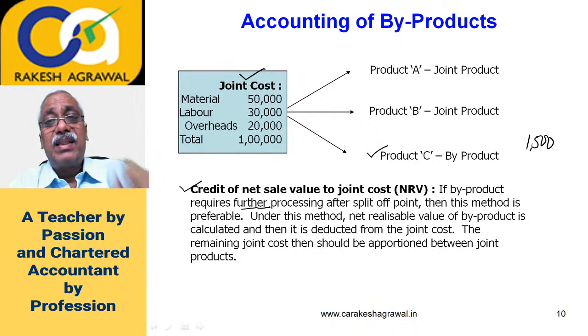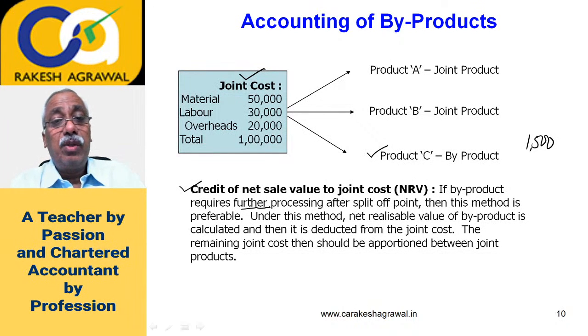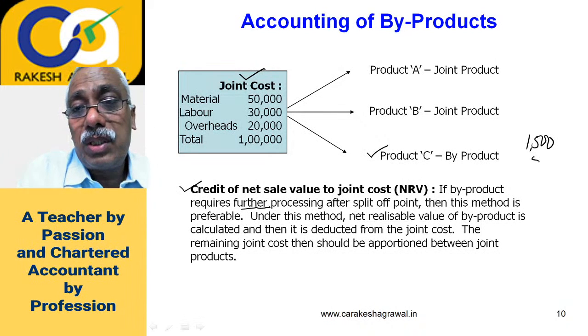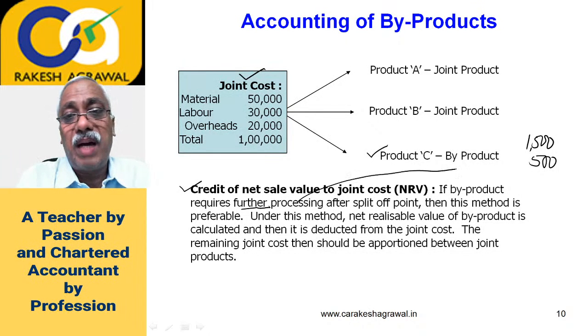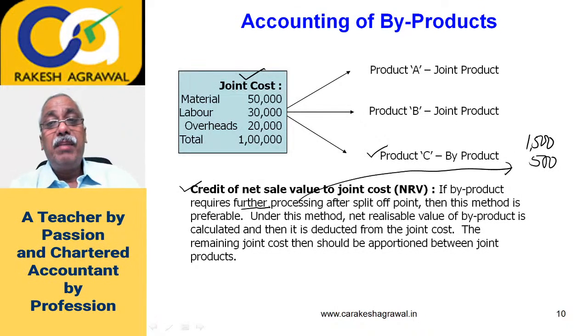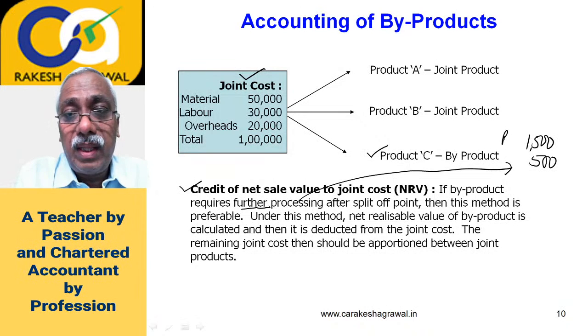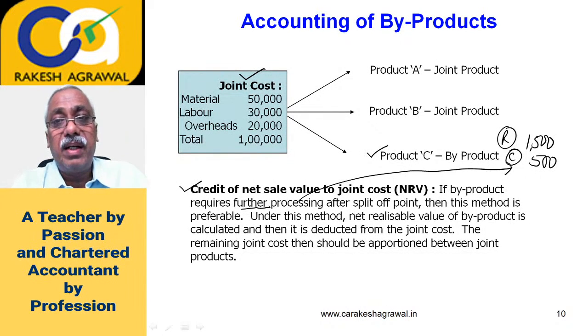But before you can sell this for 1,500, you had to spend further processing cost, especially on product C. Further processing cost incurred on this product was 500. This is further processing cost after split off. It means to generate a revenue of 1,500, you have to spend a cost or money of rupees 500.